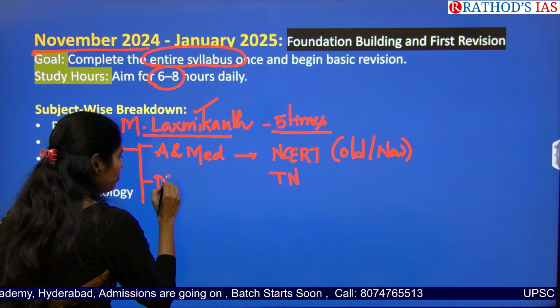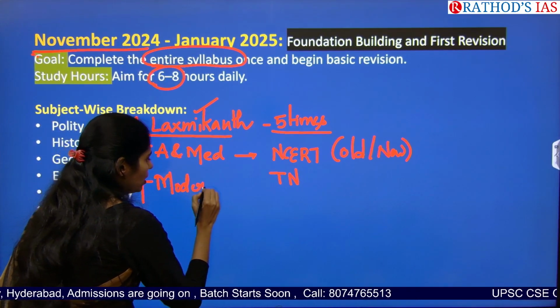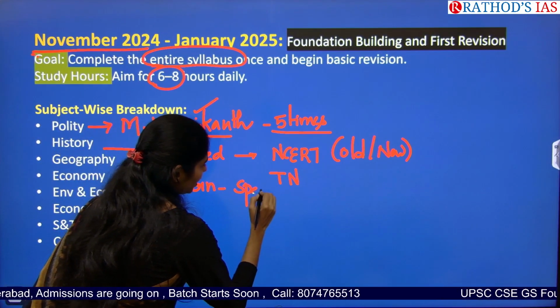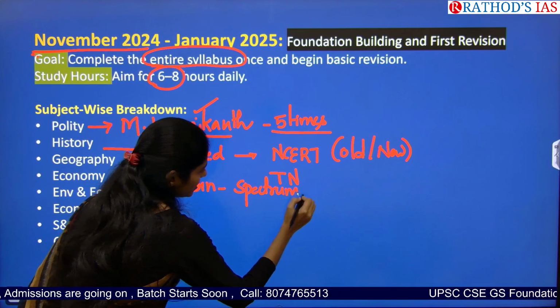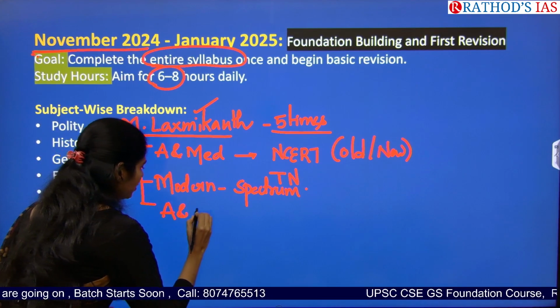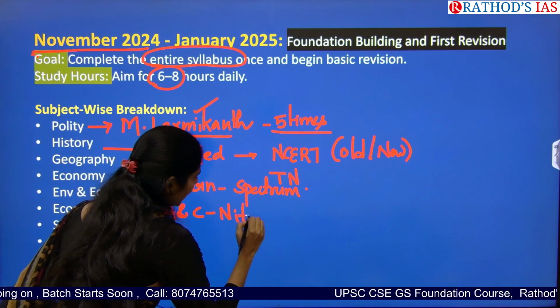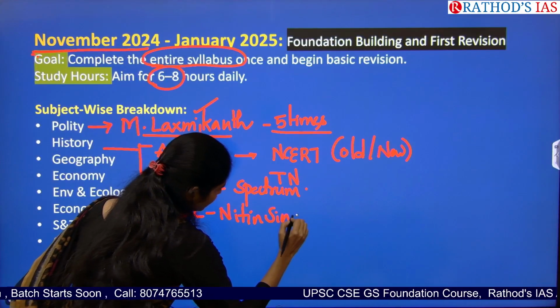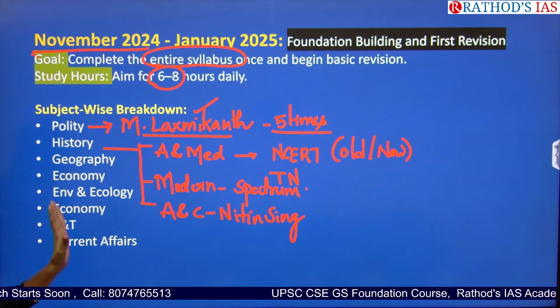Next, for modern history, refer only Spectrum. Spectrum is more than enough for your prelims, guys. And for your art and culture, only one book, Nitin Singhania.